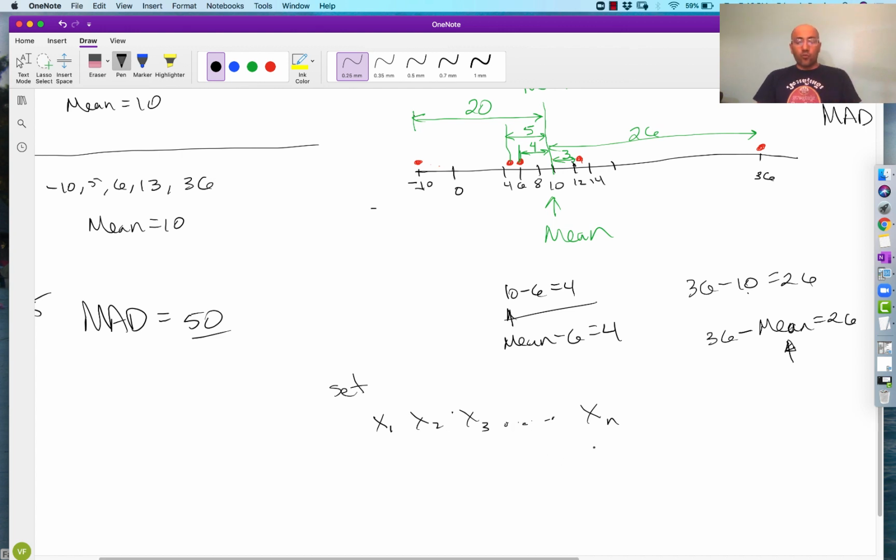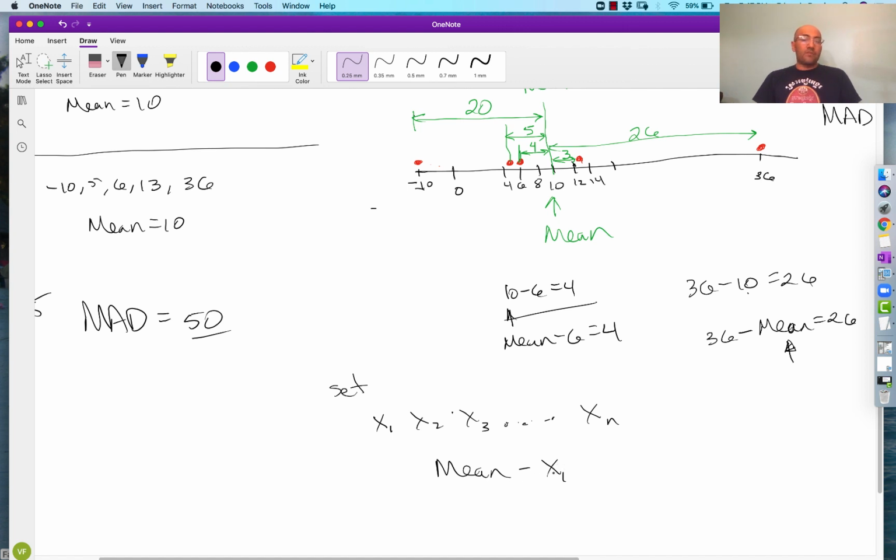How do we lay down a rule so that we always find the distance between that number and the mean? In other words, if I just do this rule, mean minus x1, for example, well, how do I know if that's going to give me a positive answer or a negative one? If x1 happens to be smaller than the mean, then I'll get a positive answer.